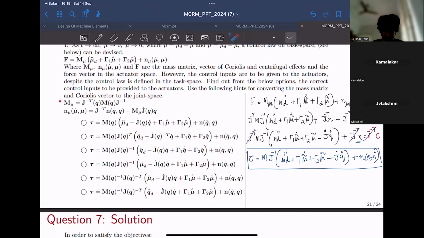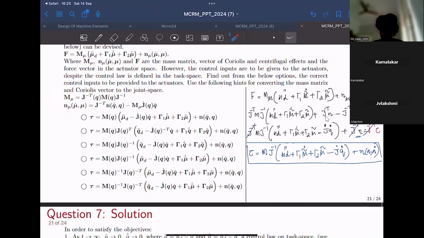I hope that is clear enough, because the hints are all directly provided. You only need to substitute these hints directly onto this computed torque control. Once you rearrange this using some linear algebraic manipulations, you will finally end up with this equation for the actuation torque.